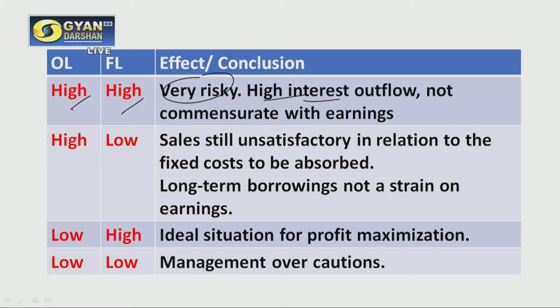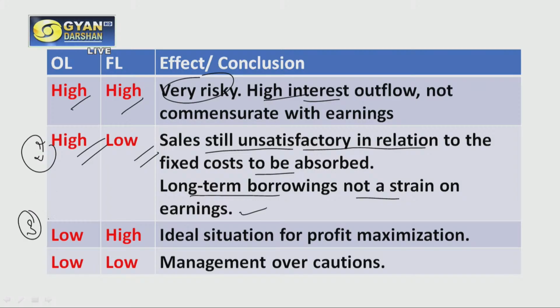There may be another situation where our operating leverage is high but our financial leverage is low. Sales are still unsatisfactory in this situation for fixed costs to be absorbed, and long-term borrowings are not a strain on earnings.